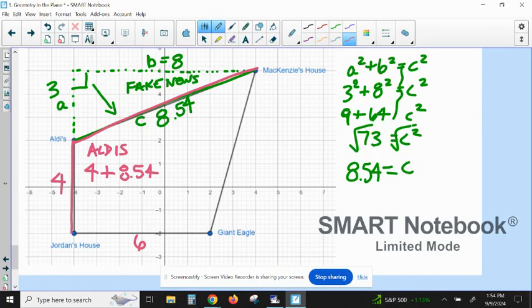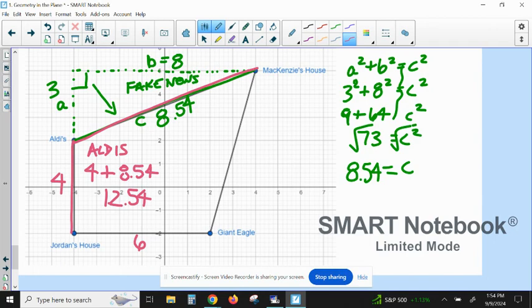So what would be the distance? 12.54. Okay, miles or whatever unit it is.